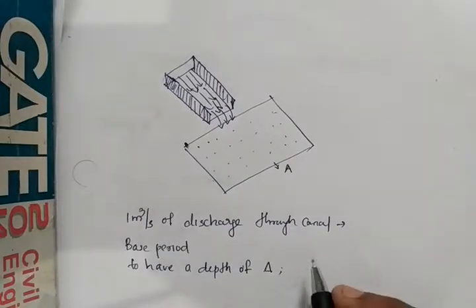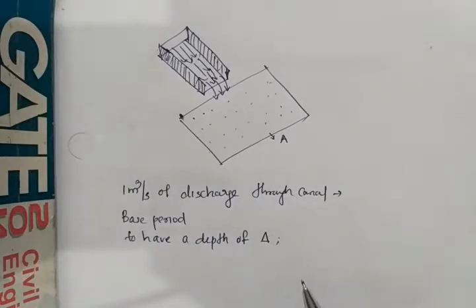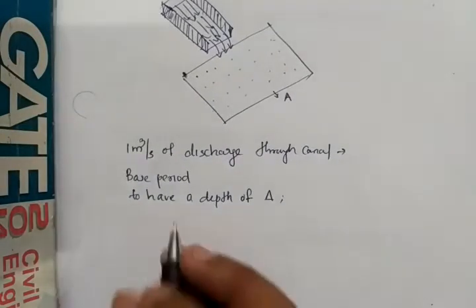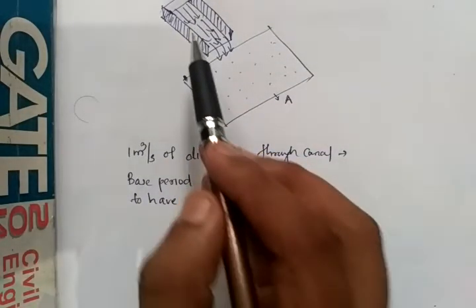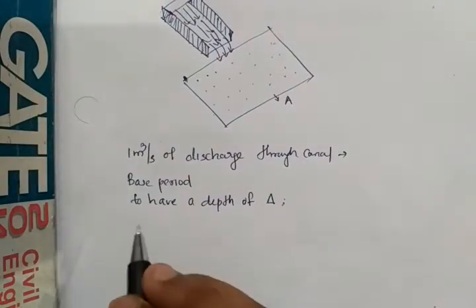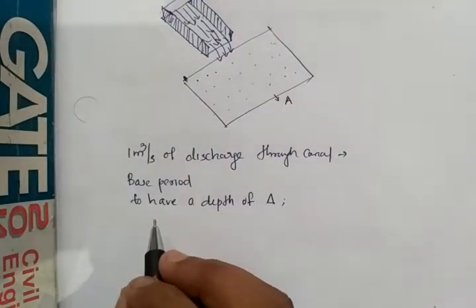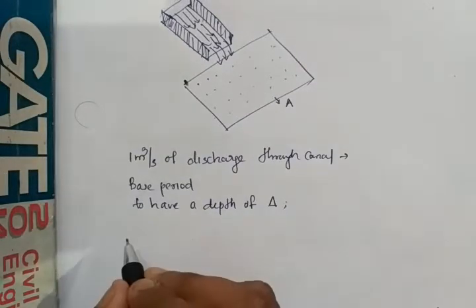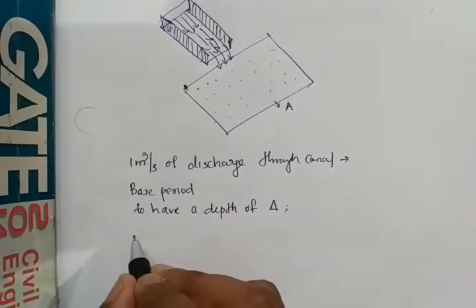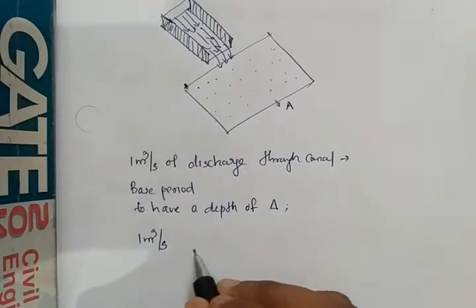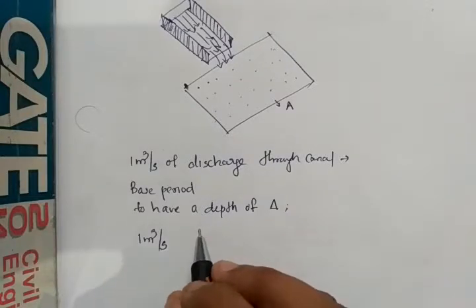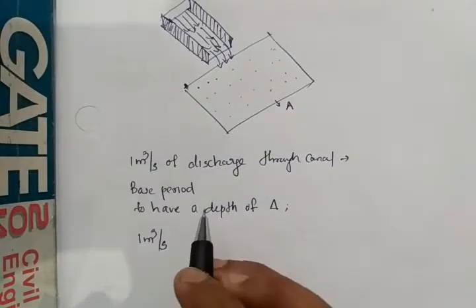So you are running 1 meter cube per second of discharge throughout the base period to have a depth of delta. Now you can equate the total volumes of the field and canal, like the total volume of water discharged throughout the base period is equal to what? 1 meter cube per second discharge through the canal.